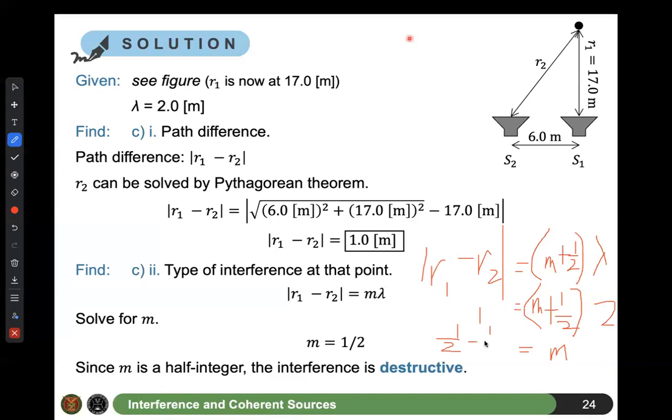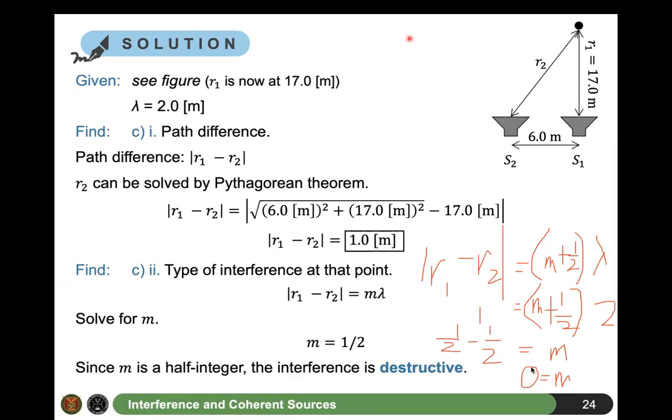This 1 half is moved over there. So M equals 0. In this case, M is an integer for the destructive interference condition. So the interference is destructive. When you solve for M, it has to be an integer for that condition to be our answer.